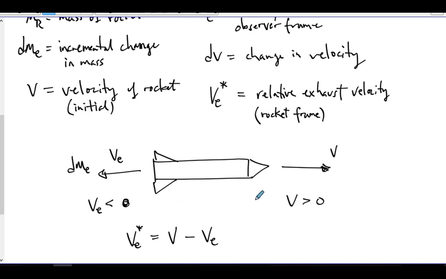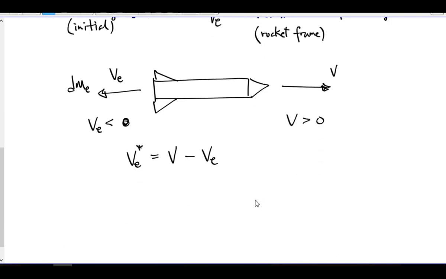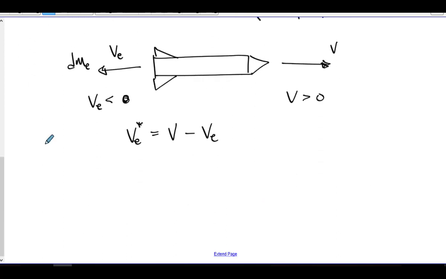So you might think of an example. Maybe we could use some numbers here and say, suppose that the rocket was moving along at some quantity like, let's say, 30 meters per second. And let's suppose that the exhaust was being expelled, let's say maybe 100 meters per second, but it's in the other direction.